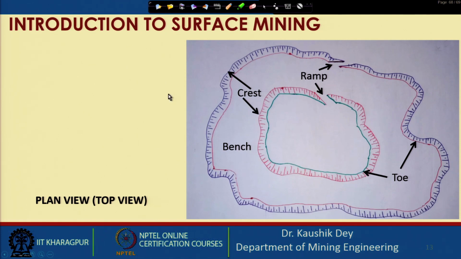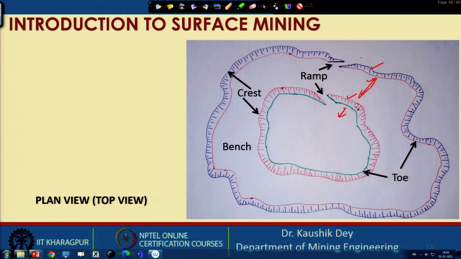Now you can see in this layout also, this is a simple hand sketch showing a circular pit operation. Here you can see this is the ramp, this is the higher elevation, this is the lower elevation, this is the higher elevation, these elevations are the same. So, this is the bench width, this is the bench height, and this is the lower bench. So, this is the bench, this is the crest line, this is the ramp, and this is the toe.